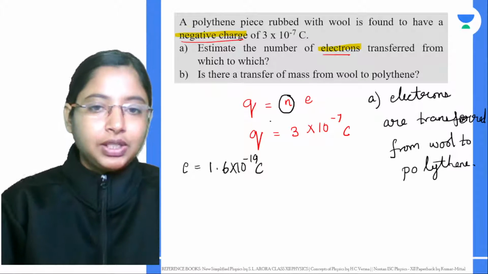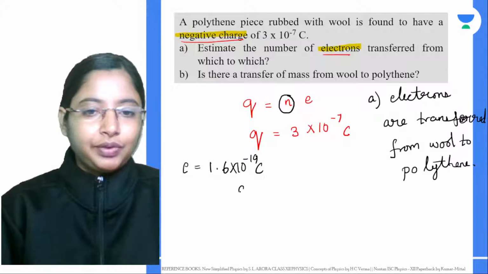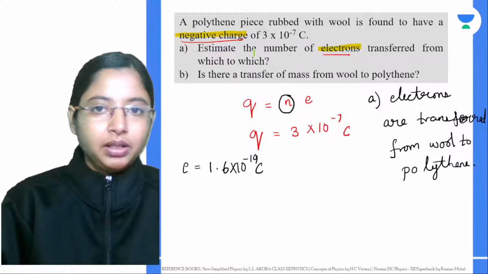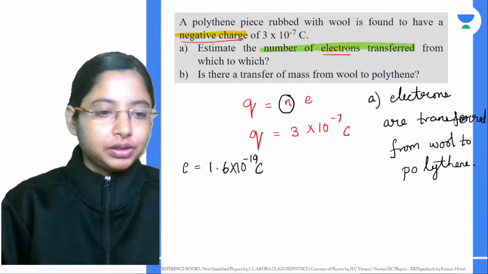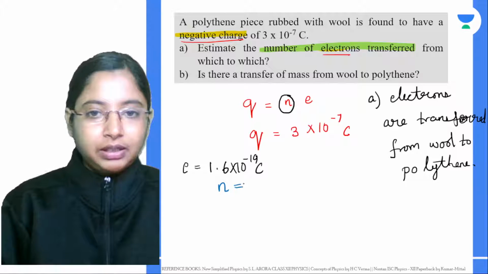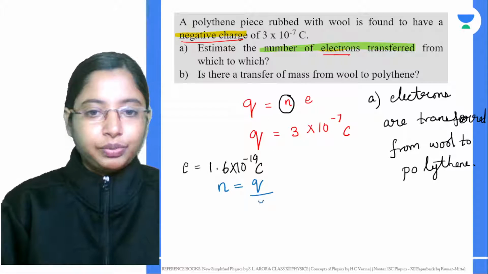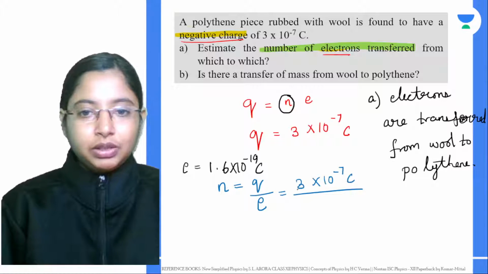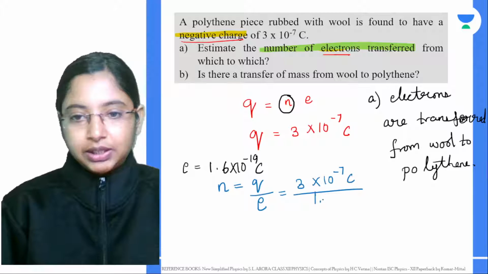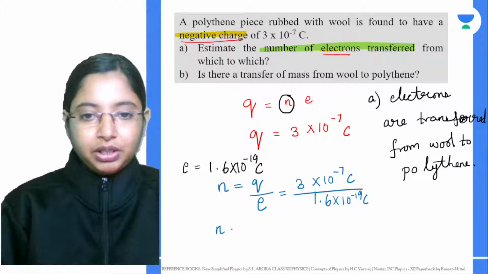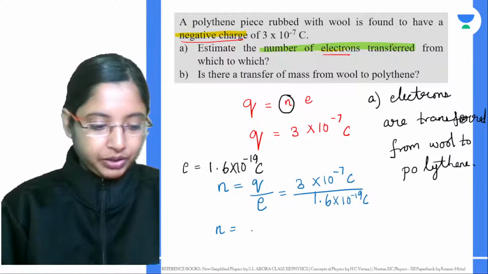That's it. Okay. So here, we have to find n. Basically, what we need here is the number of electrons transferred. We can get that from this equation: N is equal to Q by E. What is Q? 3 into 10 to the power of minus 7 coulombs, divided by the charge on one electron, 1.6 into 10 to the power of minus 19 coulombs. So coulombs get cancelled, 3 by 1.6, right?